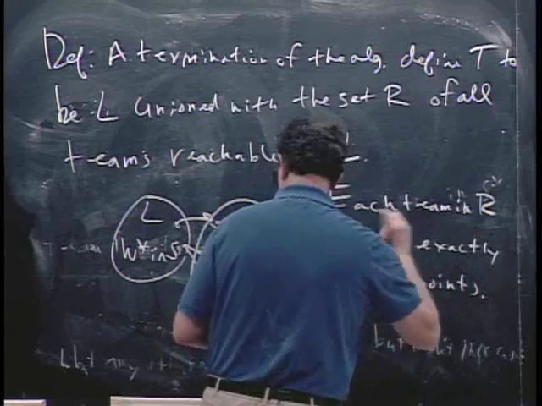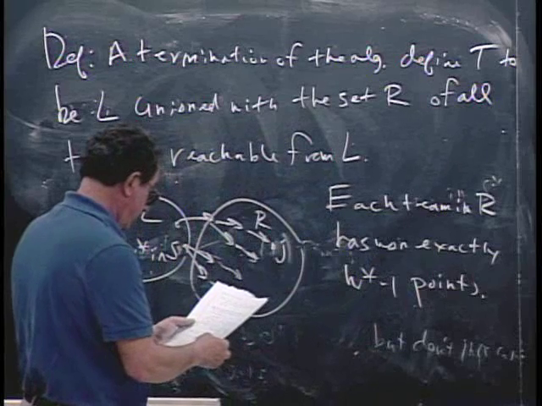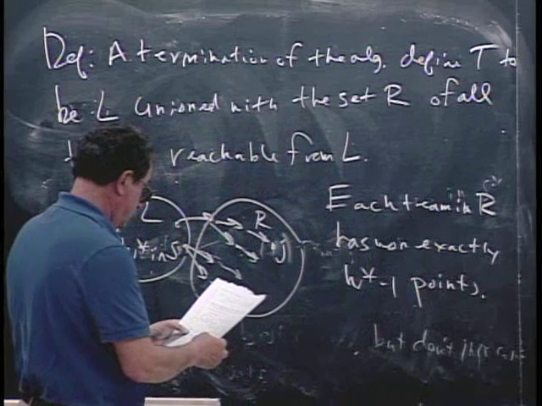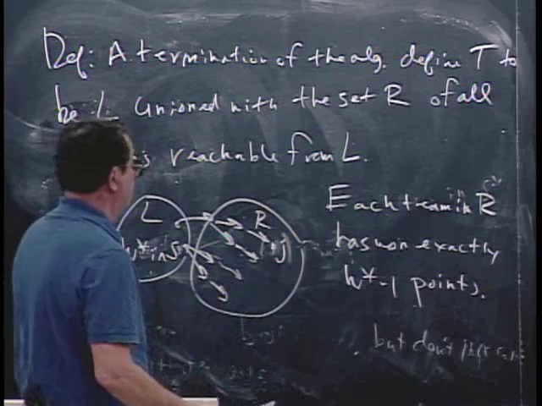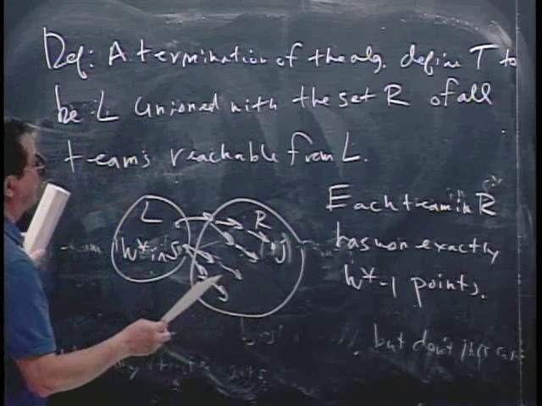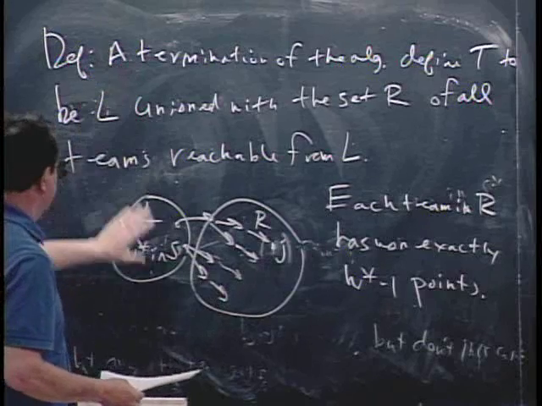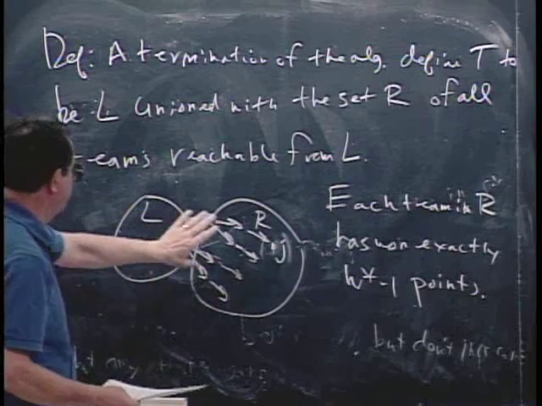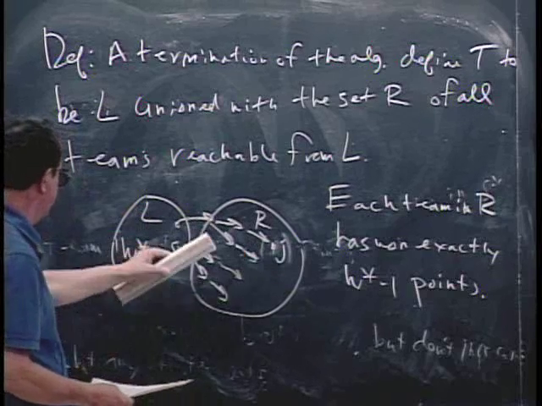I'm using points and games interchangeably. This is just defining what we're looking at the point of termination. When the algorithm terminates, we have a set L and we have a set R. And we can have, of course, other teams that are not in either L or R.